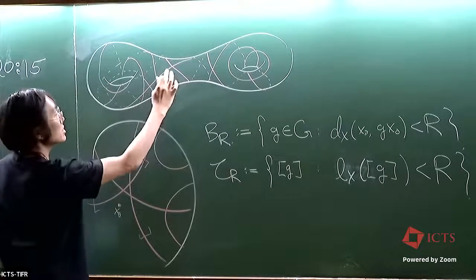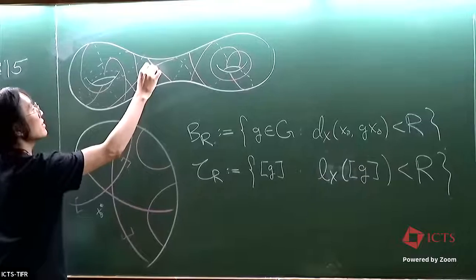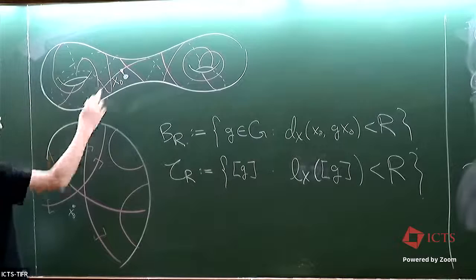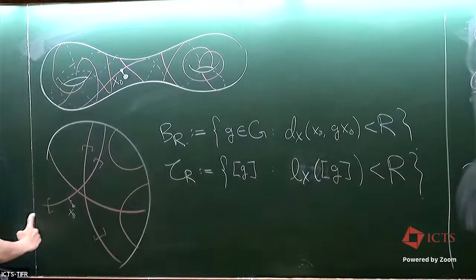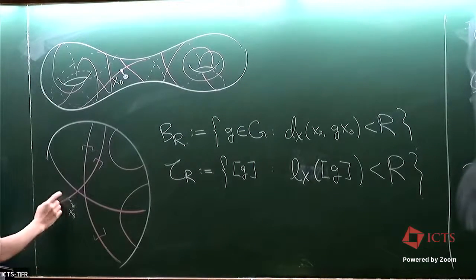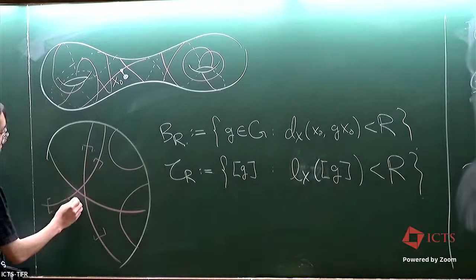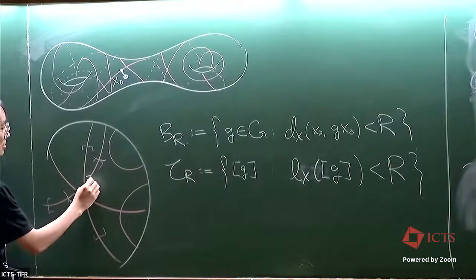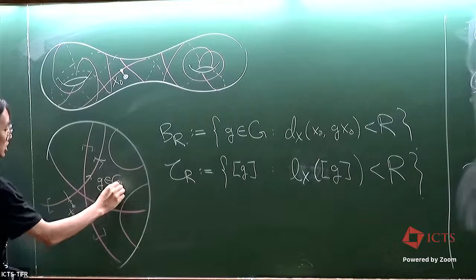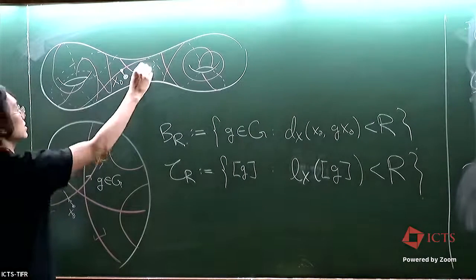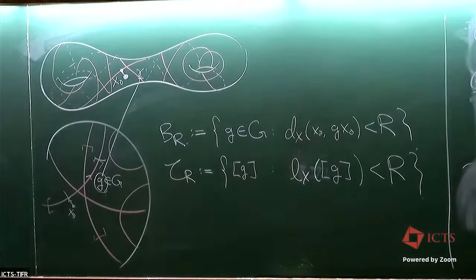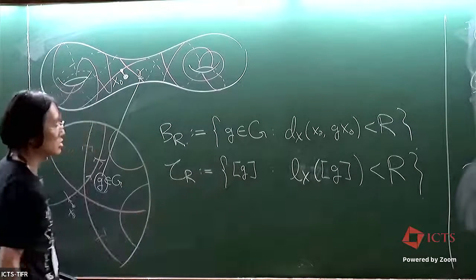This curve is close to x0, no more than m, at some point, and then you just bring the corresponding lift. Now that transformation is an element of G. So from this gamma, I chose one g. This is the way you choose the representative of the conjugacy class.